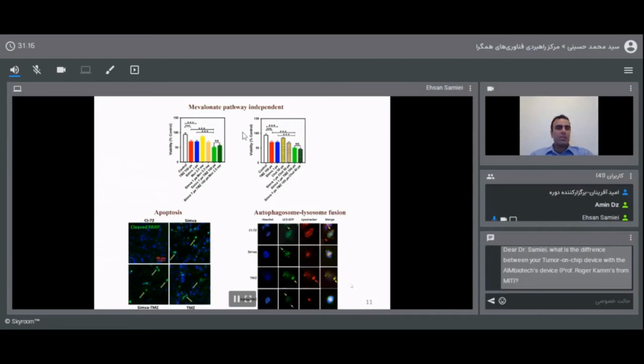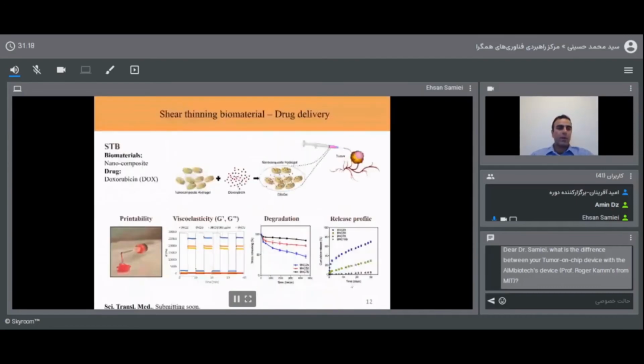As I mentioned in the beginning, the tumor-on-chip model was not only used for drug testing, but it could also be used for evaluation of other biomedical products, for example, drug delivery carriers.